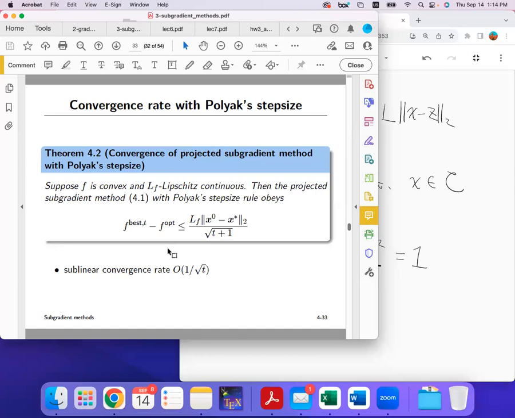Lipschitz continuous, you can show that, and then this subgradient method with Polyak's step size, we have just shown that is equivalent to the alternating projection algorithm. Okay. So for that algorithm, we have this 1 over square root of t convergence guarantee in terms of the function value gap.